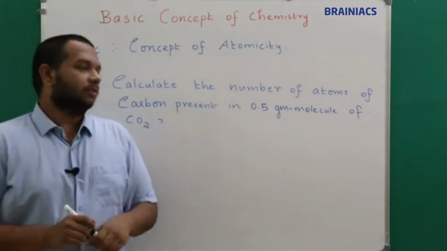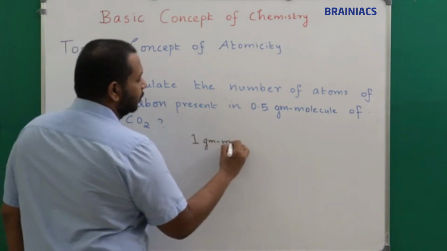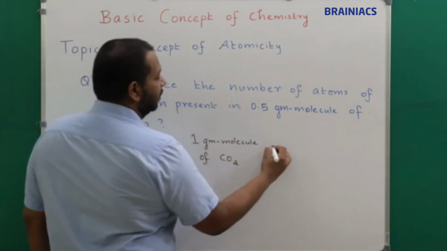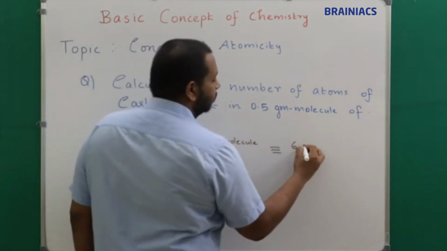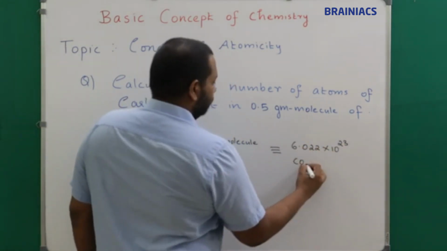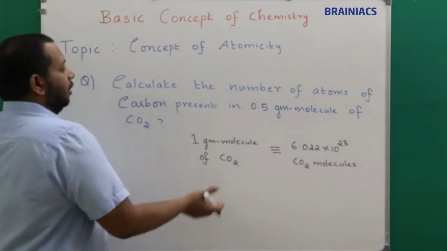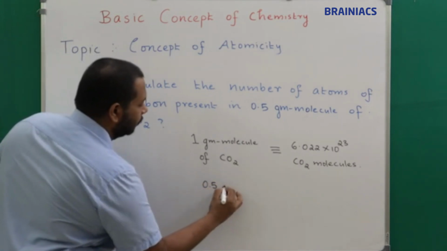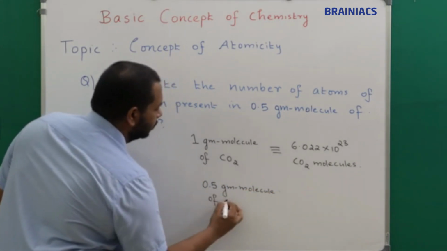to number of molecules. So again I know my fundamental relationship: 1 gram molecule of the compound here, CO2, is equivalent to how many molecules? We learned this in our fundamental class. We know it has 6.022 into 10 power 23 CO2 molecules. Correct. Now they have given 0.5 gram molecule of CO2.